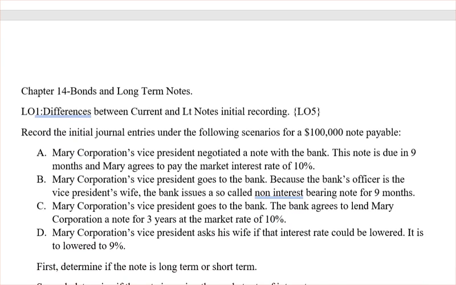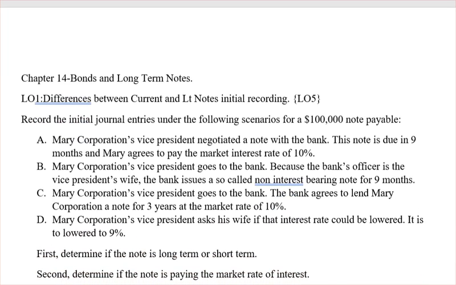So the first thing to do is determine if it's long or short term, and then the issue sometimes becomes the market rate. In the second one, for example, up there in B, we notice it's a non-interest. Well, that means it isn't the market rate. And for this method, though, because it is non-current, you are not going to use present value calculations.